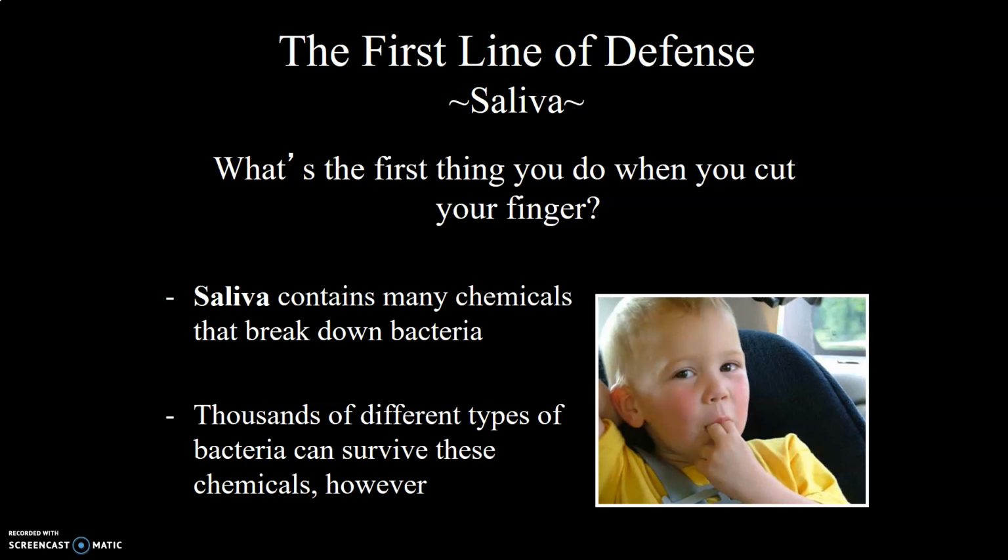When we touch something sharp, we immediately put the point of our finger into our mouth. This is because saliva contains a lot of chemicals that are specifically designed to break down bacteria. Obviously, thousands of different types of bacteria can survive these chemicals, so we still need to be careful.